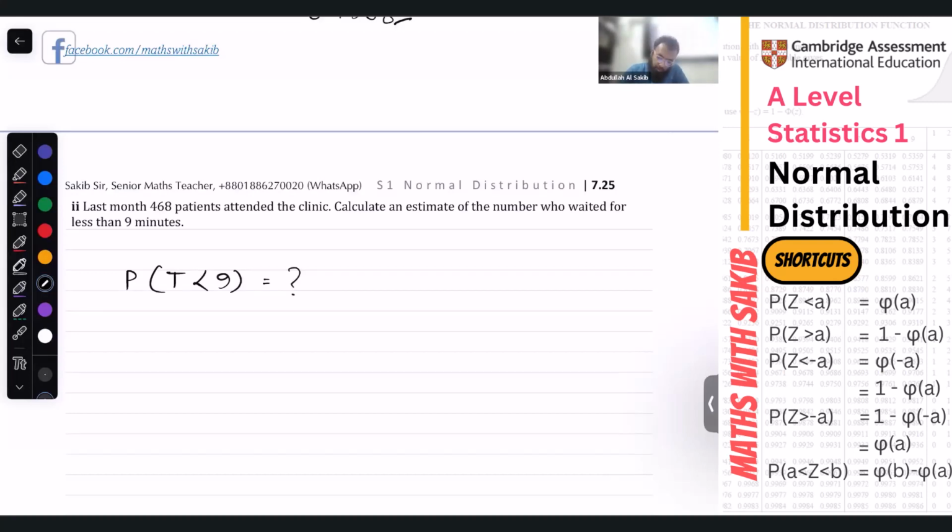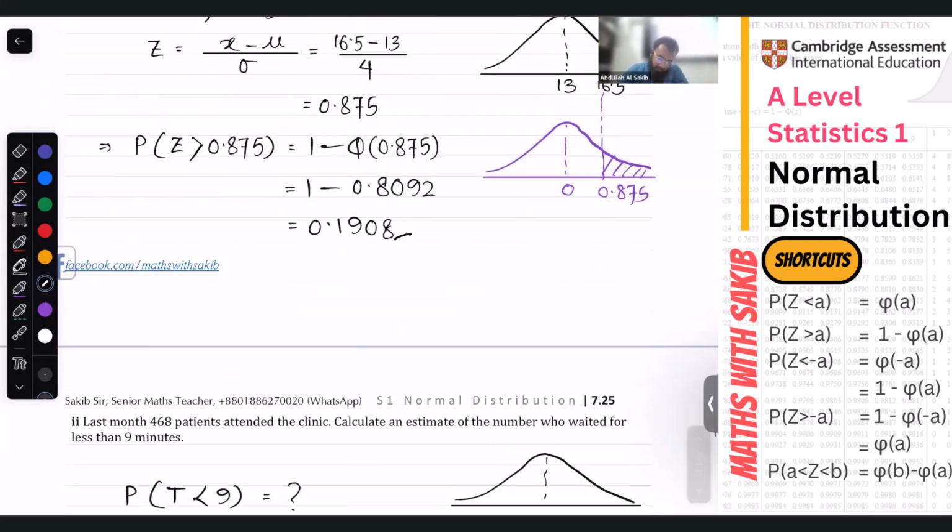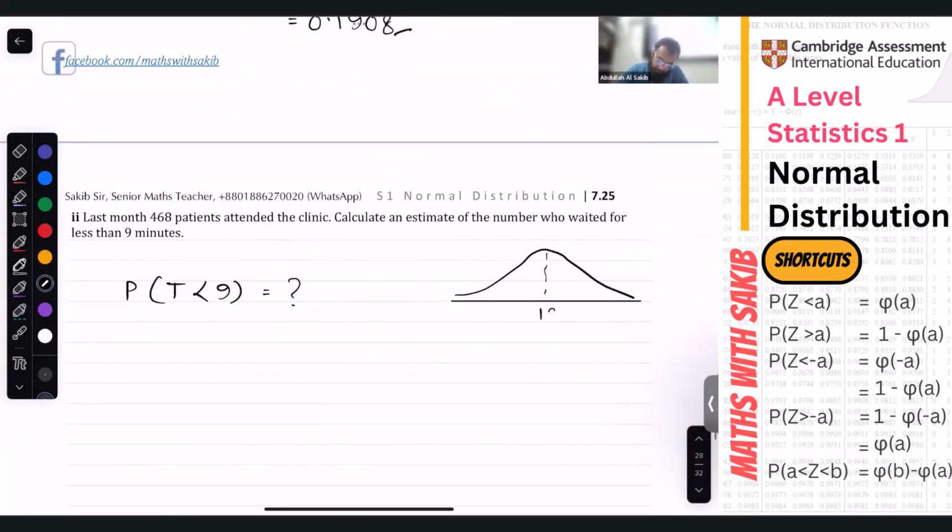Clear? So if we draw a normal distribution curve, our mean was 13. So this is our 9. So less than 9 minutes, that means this much. Clear, Baba? So first convert into Z. Z equals X minus mu divided by sigma.